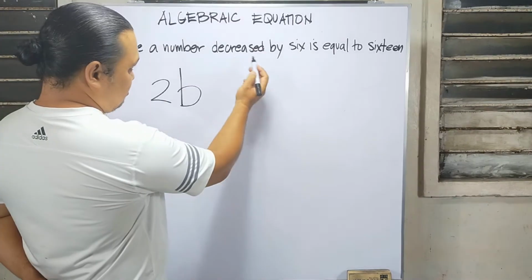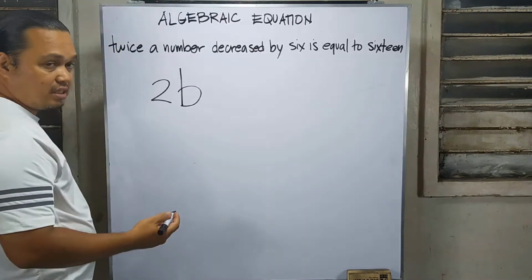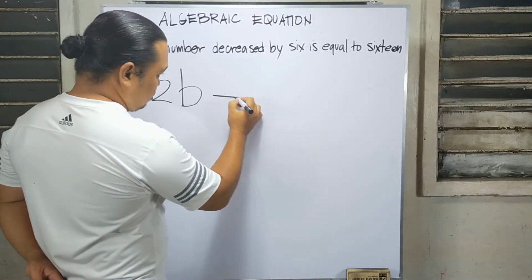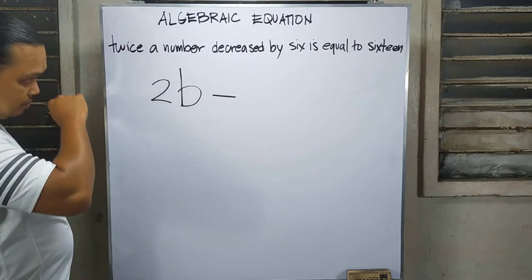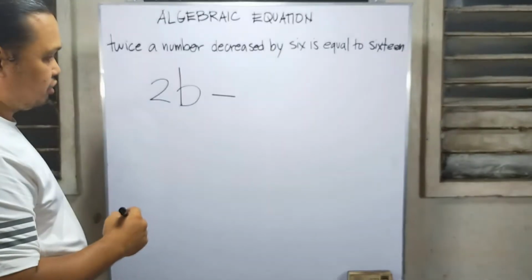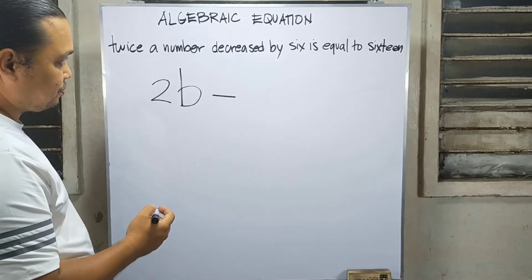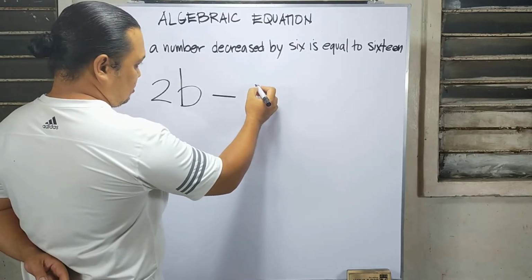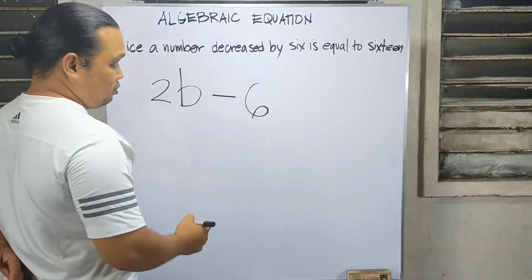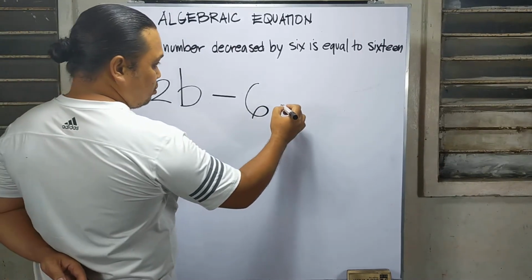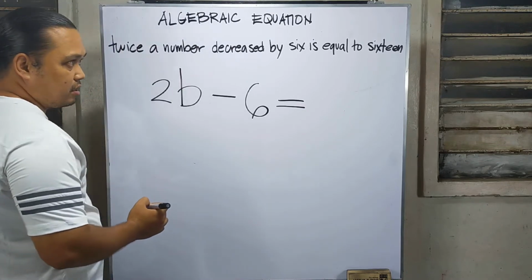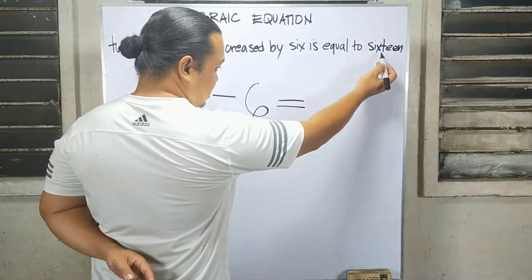Now, decreased means you subtract, because we're going to minus or subtract that number. By how much? By 6. So that will be 6. Then is equal to, this is our sign for equals, and 16.